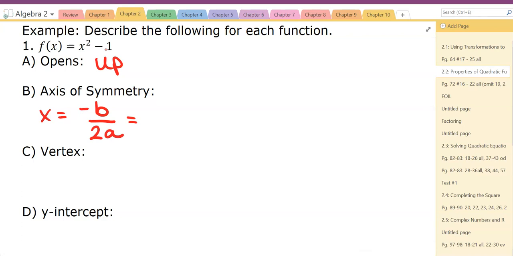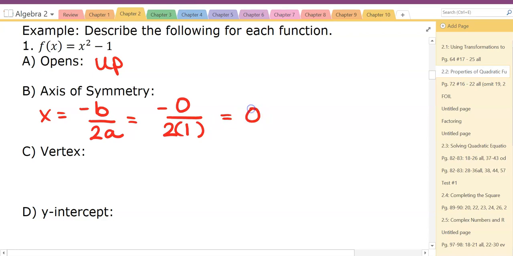It's not there, so it's a 0. Can you guys tell me what a would be? What number is in front of x squared? 1. So we're going to have negative 0 over 2 times 1, which it doesn't even matter what that ends up being because 0 divided by anything is 0. This is going to equal 0.